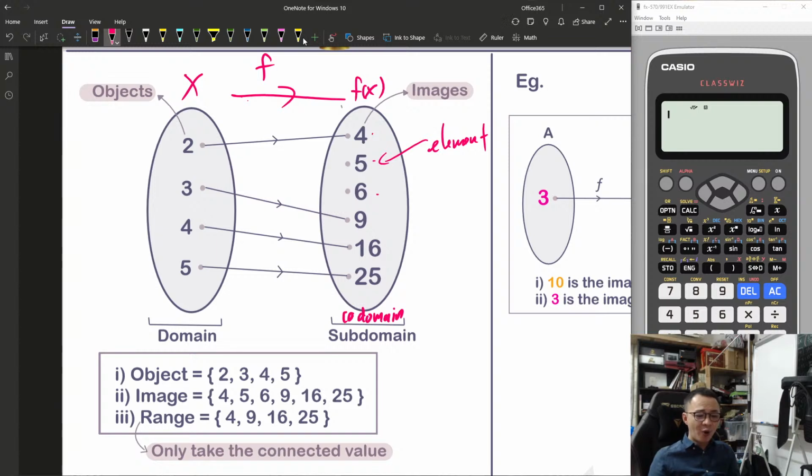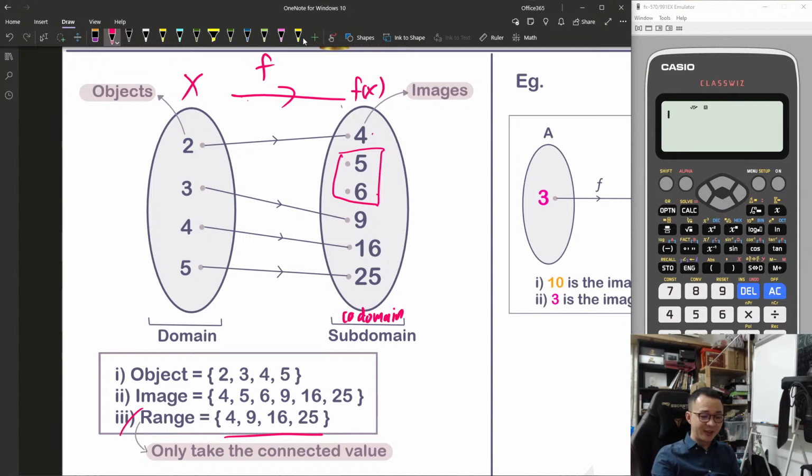But over here you can see for all the images here, when they are linked to my x, when they are linked to my object, we call it the range. So you can see over here 5 and 6 don't link to my object, isn't it? So my range over here does not include the 5 and 6.